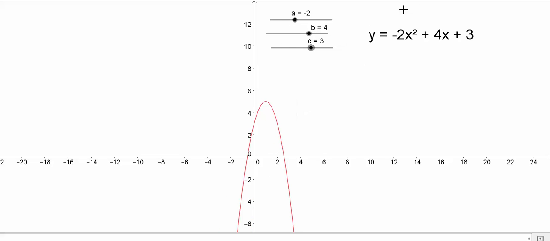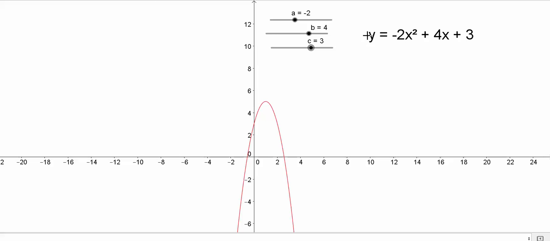Now when we sketch a quadratic, we need to show where it crosses the coordinate axes. So for instance this point here, well that's just the value of c, the number term, so that would be just 3. Where it crosses the x-axis is where y equals 0.